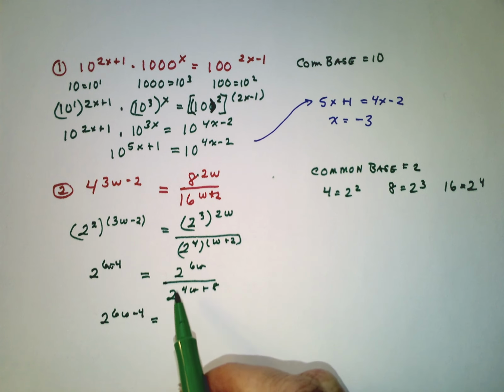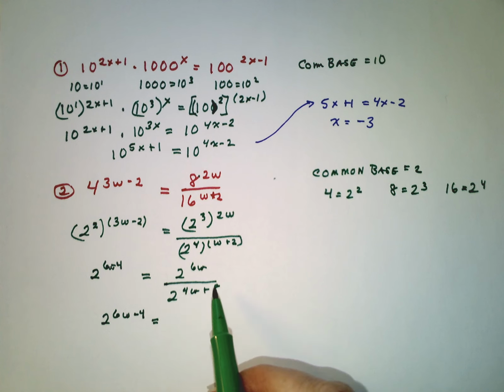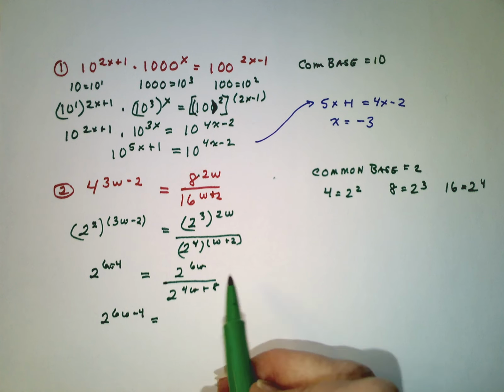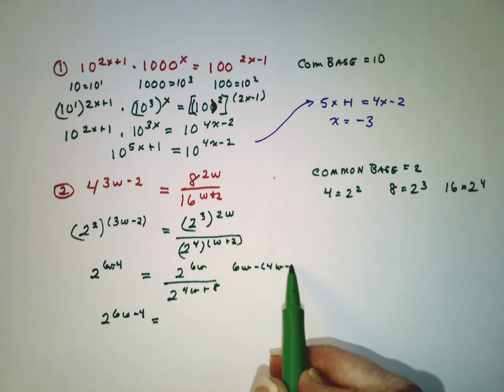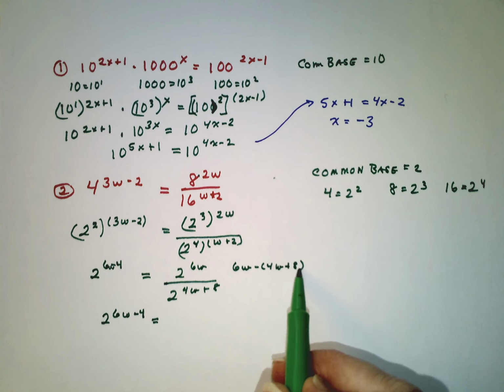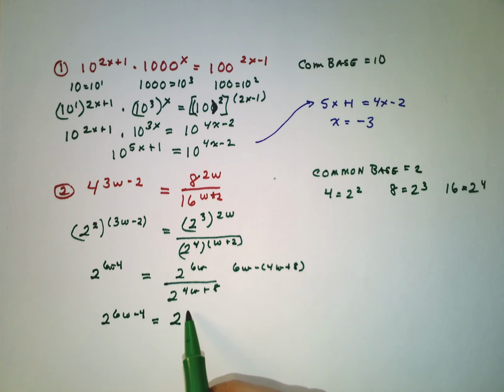And if we have powers of the same base, we can do the division by subtracting the exponents. We can do 6w subtract 4w plus 8. So this would be 2 to the 2w minus 8.